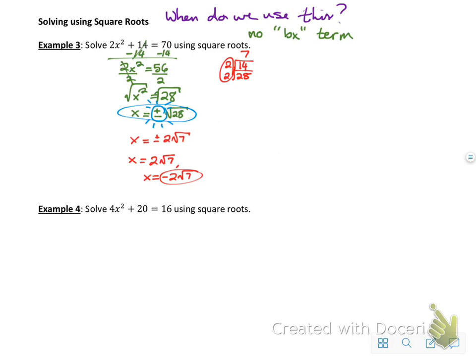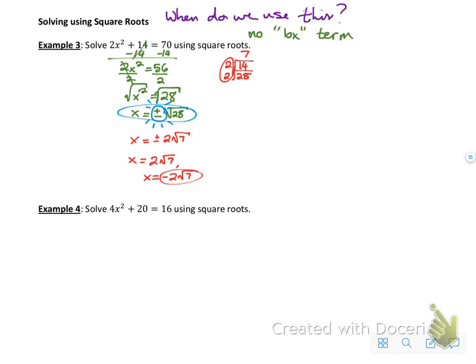Alright, let's try that one more time. Actually, 2 more times, right? Example 4. Solve 4x squared plus 20 equals 16 using square roots. Well, the reason we're using square roots is partly because they tell us to, and partly because there's no bx term. Right?